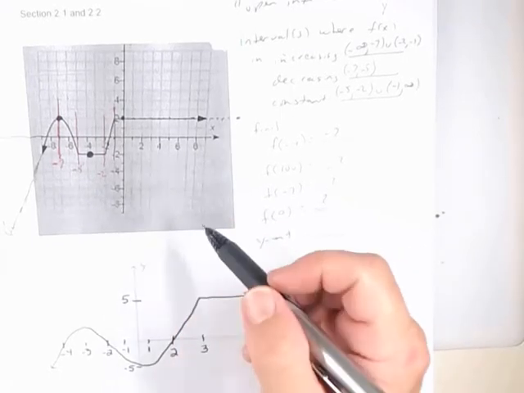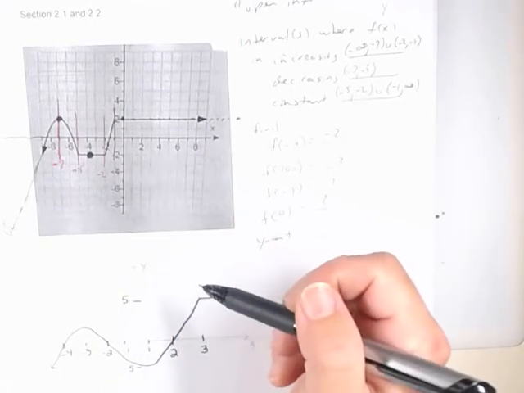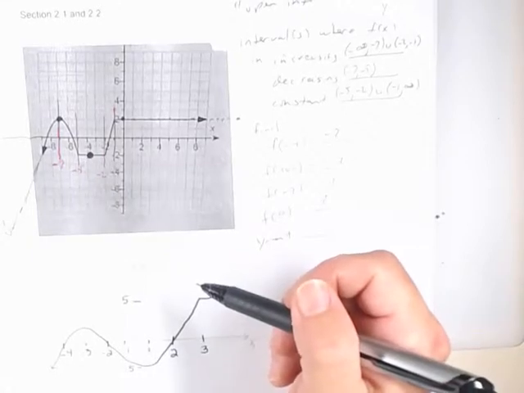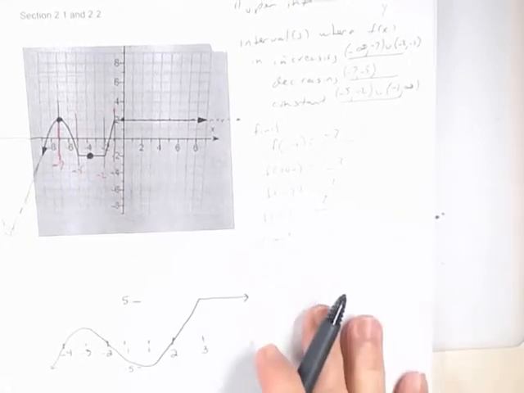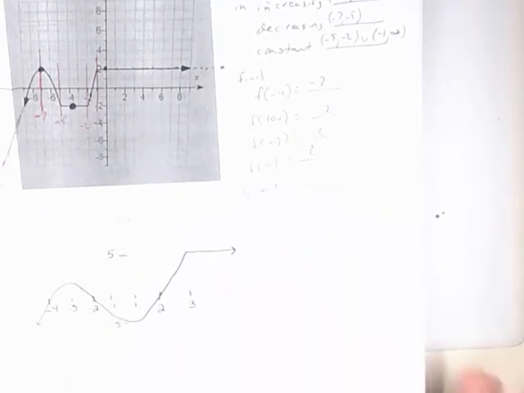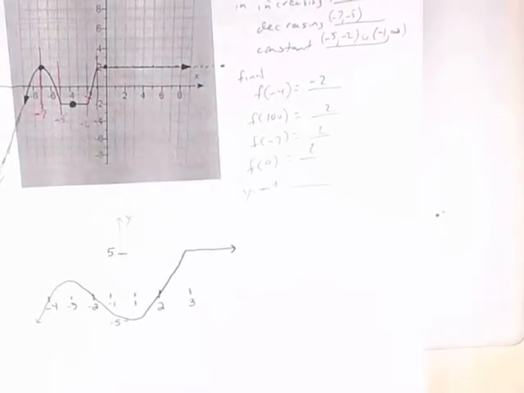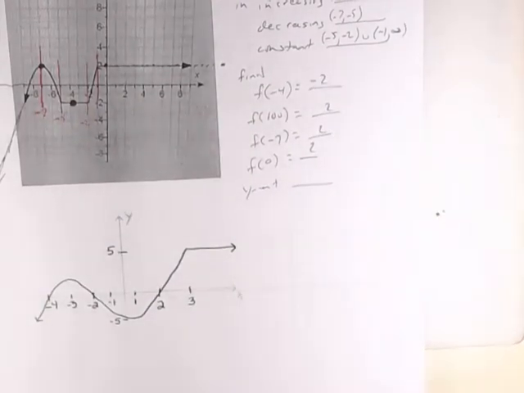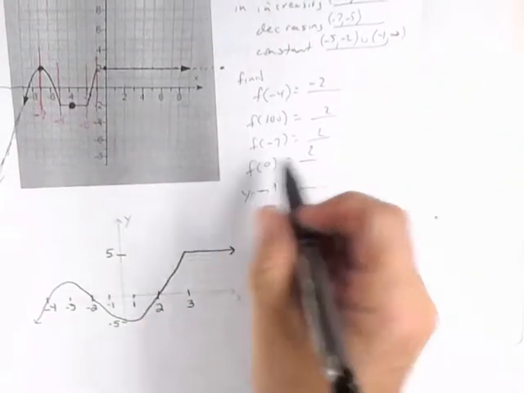Remember, the Y-intercept is where the graph crosses the y-axis, not the x-axis. Okay? So it crosses the y-axis at 2.